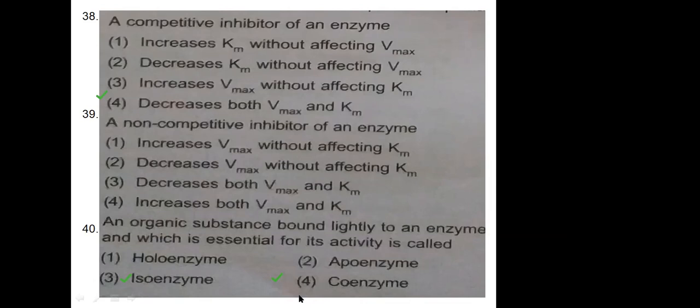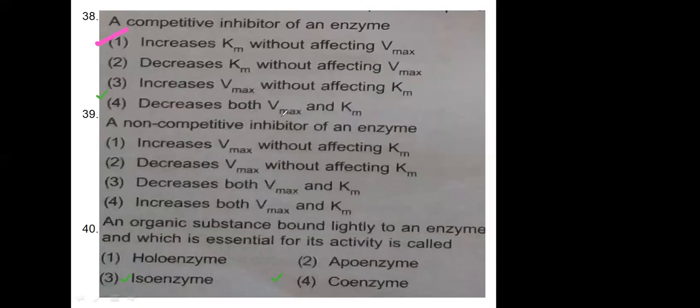A competitive inhibitor. Okay, this competitive inhibitor is always going to reduce or inhibit the presence of the substrate. So a competitive inhibitor of an enzyme always increases the Michaelis-Menten constant without affecting the velocity.